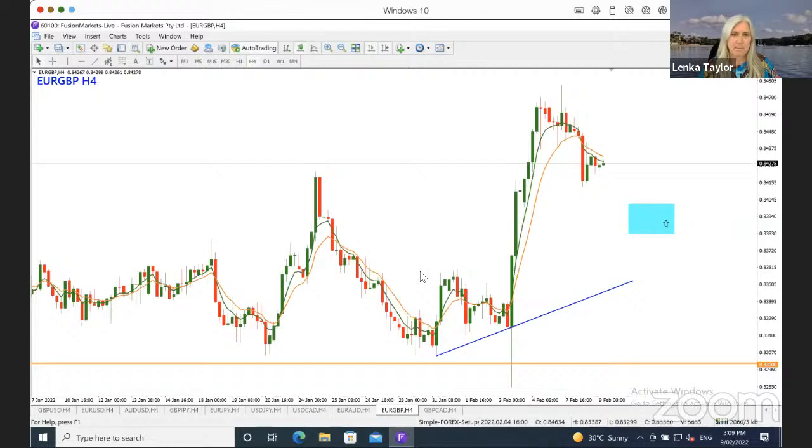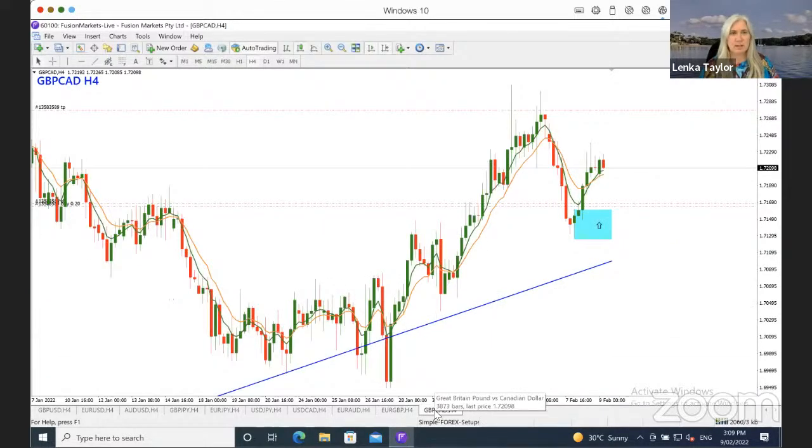Next currency pair, and the last one, is GBPCAD. So GBPCAD, I'm already long in this trade from a couple of days ago. So at the moment, we've had TP1 and TP2 was just at the top, didn't actually get hit.